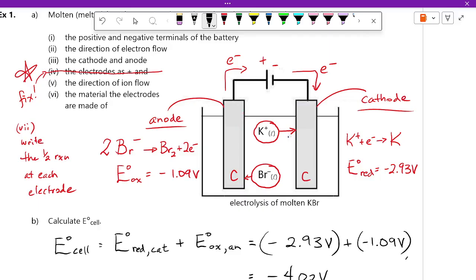Now, if you're checking your answers and you got something different than me, make sure you understand why. So let me know if you're like, hey, how did you know that the one on the left was the anode? Or how did you know where the potassium went?